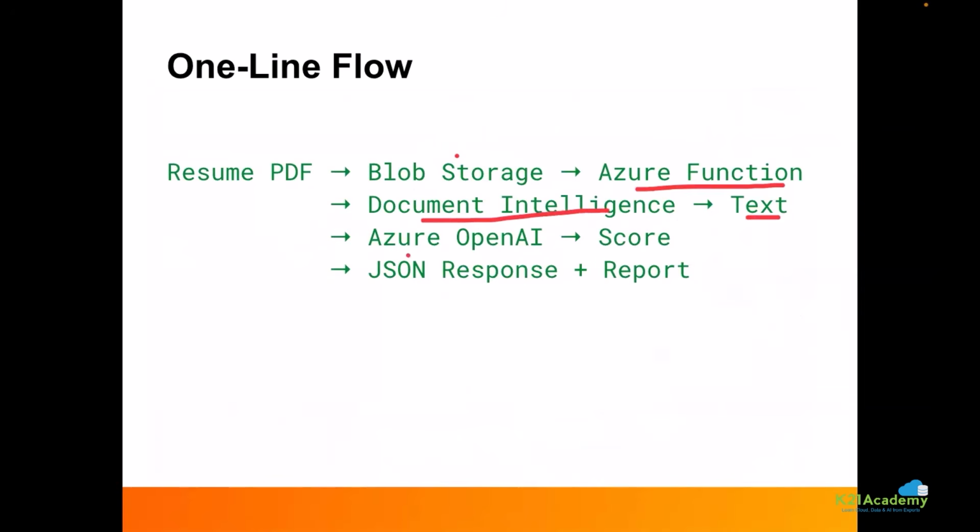It will extract the text, and this text will go to the OpenAI, and OpenAI will help us generate the ATS score for it. Once this is done, your function will trigger again and generate the response plus report, and this will be saved in the storage account once again.